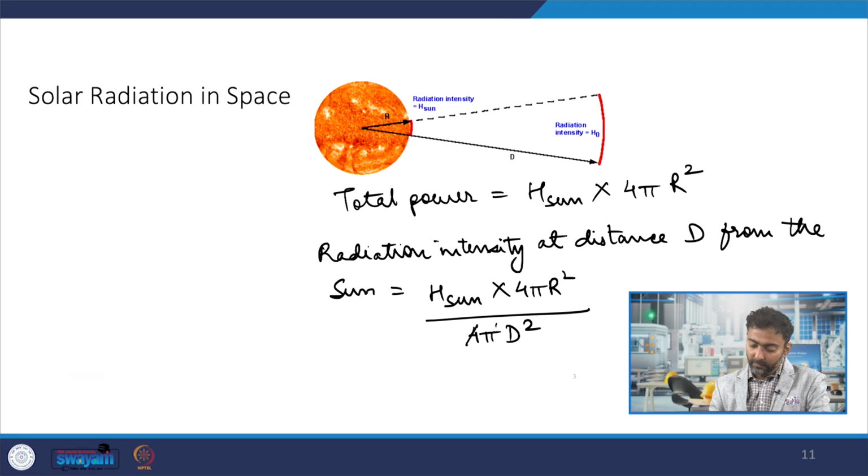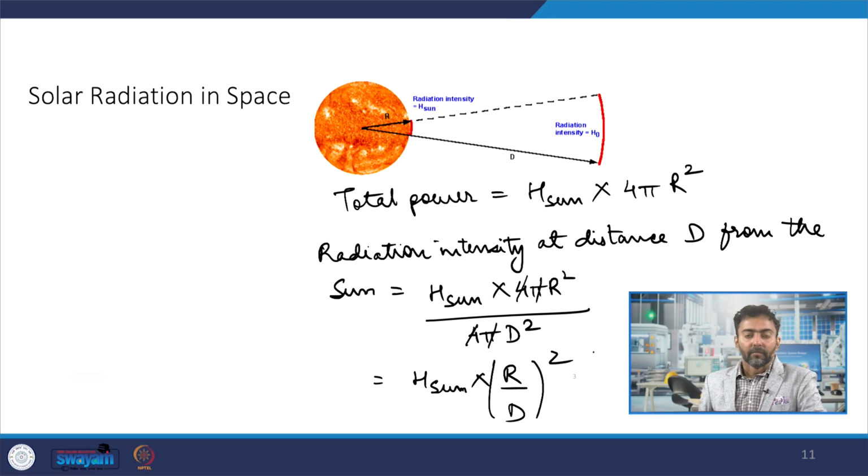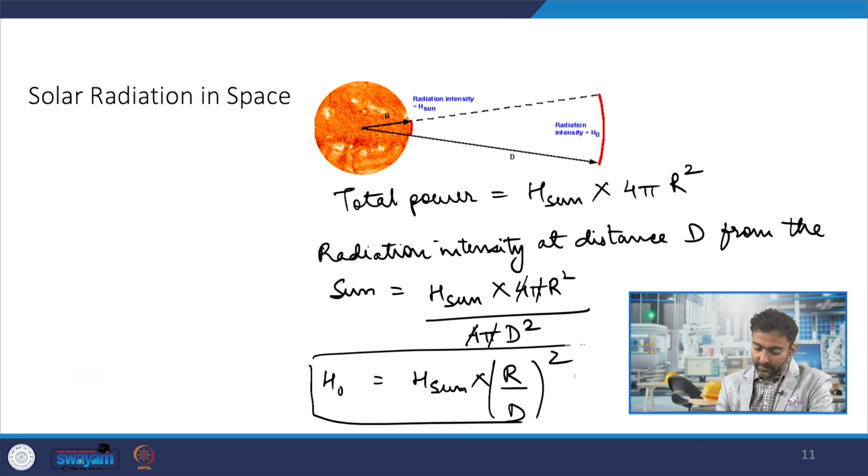As you can see here, 4 pi and 4 pi get cancelled. This simplifies into the equation H sun multiplied by (r by d) whole square, where r is the radius of the sun and d is the distance from the sun at which we are interested in estimating the solar radiation intensity. This is again a very useful result. It gives us the radiation intensity at any distance d from the sun.